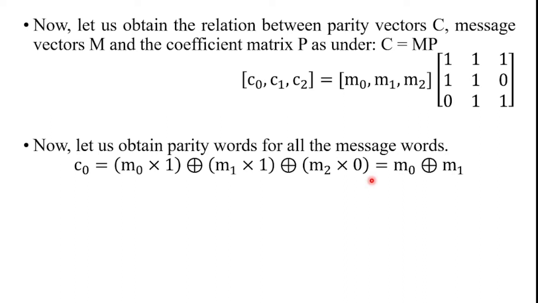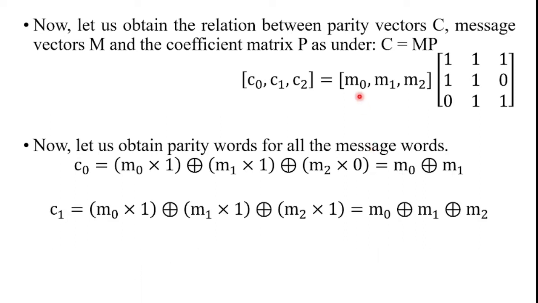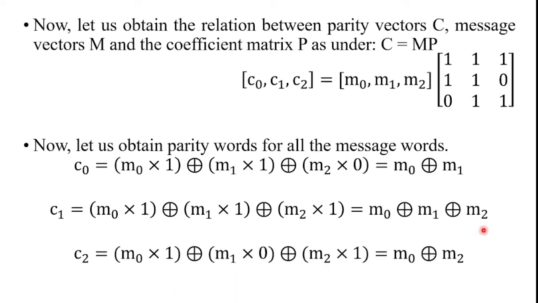The second parity bit is C1 equal to M0 into 1 modulo 2 addition M1 into 1 modulo 2 addition M2 into 1, which is equal to M0 modulo 2 addition M1 modulo 2 addition M2. The third parity bit is C2 equal to M0 into 1 modulo 2 addition M1 into 0 modulo 2 addition M2 into 1, which is equal to M0 modulo 2 addition M2.